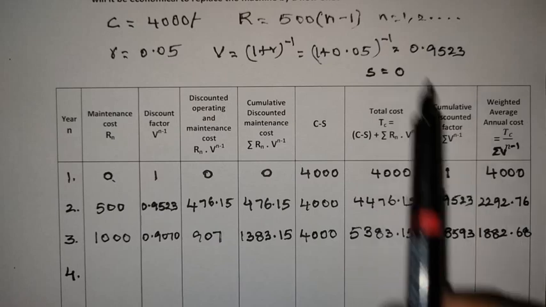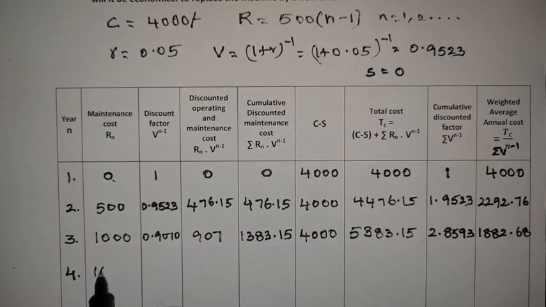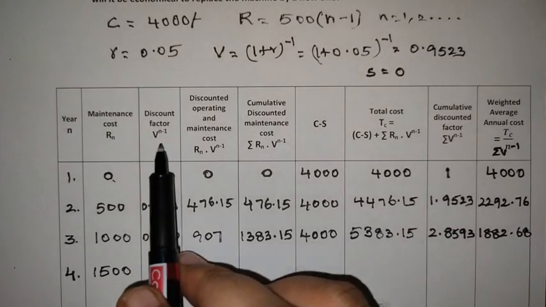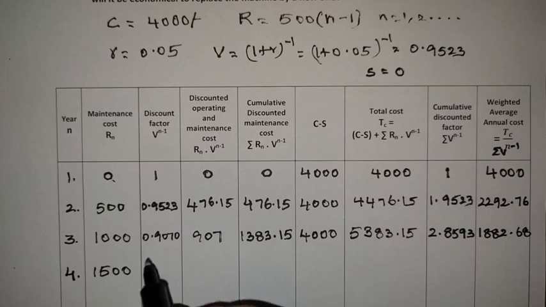In the fourth year the maintenance cost is 500 into 4 minus 1, which gives 1,500. V power 4 minus 1 means V cube, 0.9523 cube, which gives 0.8638.